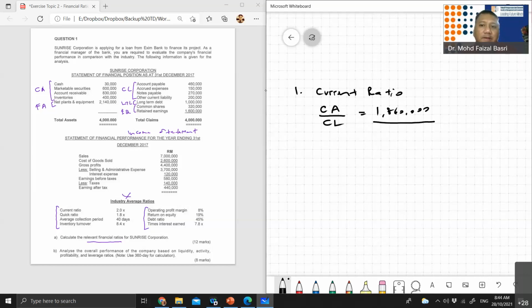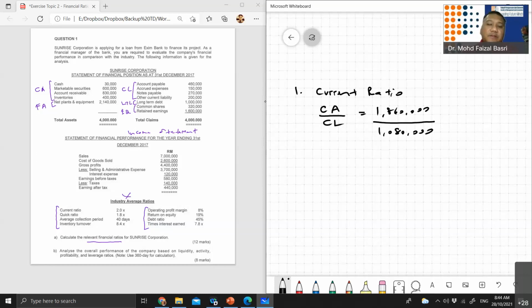And our current liabilities consist of 4 items as well. So again, you have to total up 460 plus 150 plus 270 plus 200,000. You have 1.08 million for current liabilities.